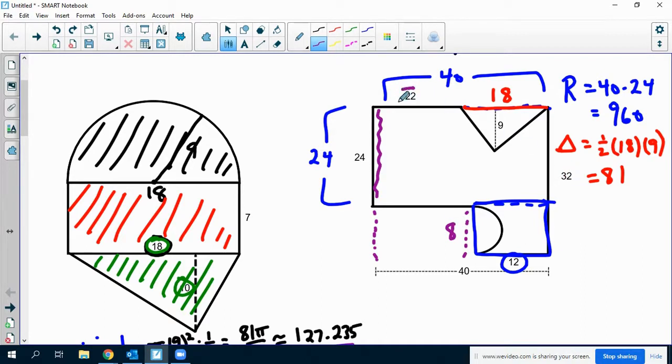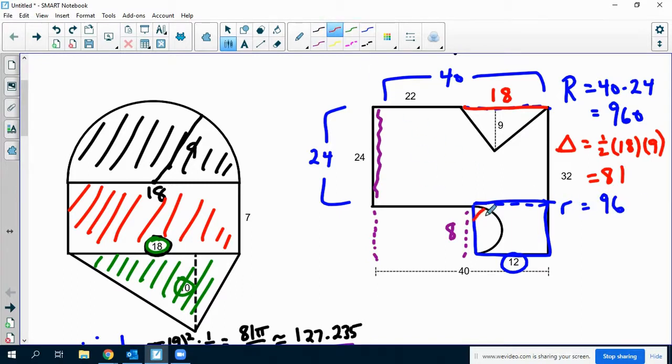But we cannot just assume that 22 and 12 makes up the entire horizontal part of the line. So I know that this is 8 and this is 12. The area of the smaller rectangle is 8 times 12, which is 96.